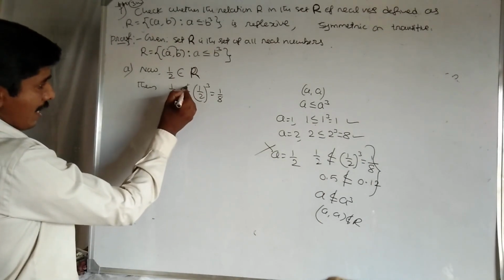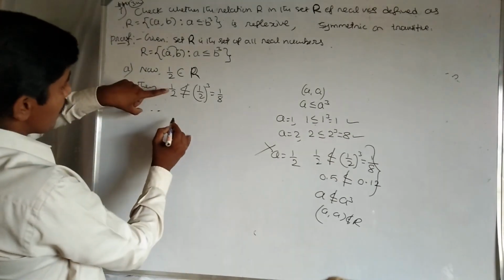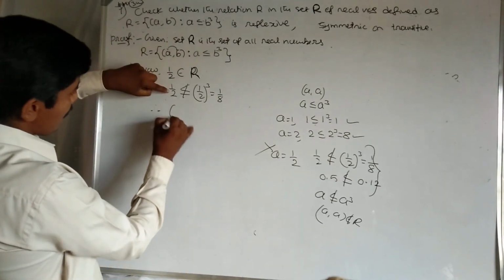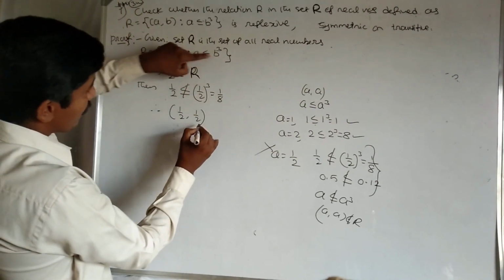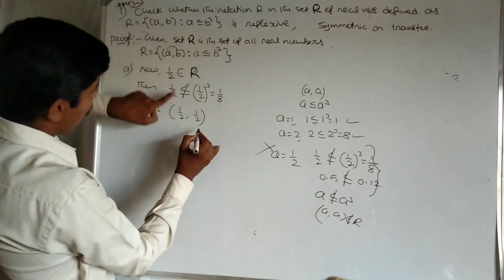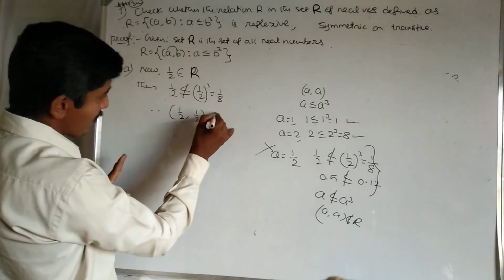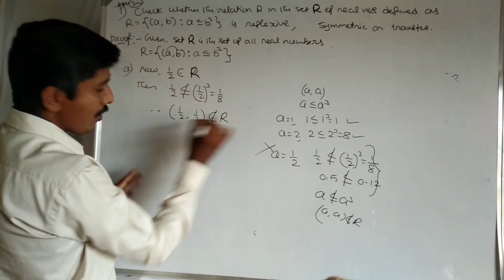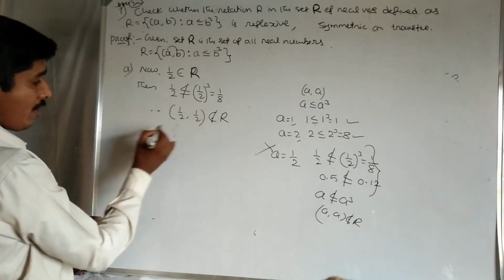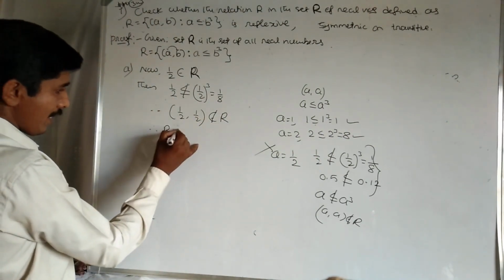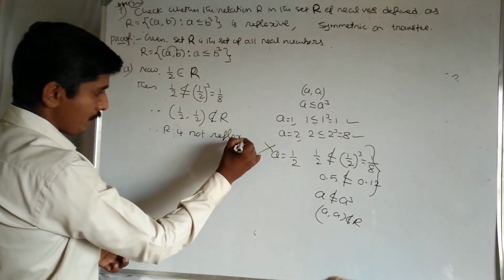Therefore, the ordered pair (half, half), with first element half and second element half, does not belong to the relation. Therefore, R is not reflexive.